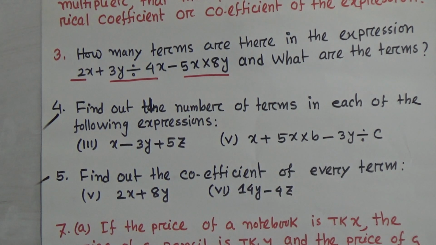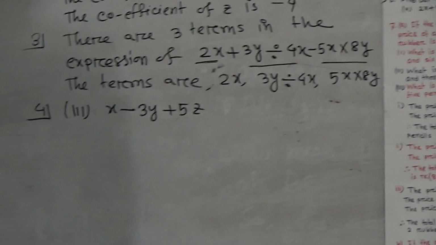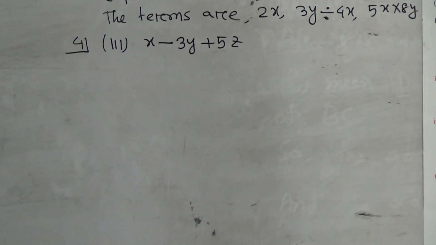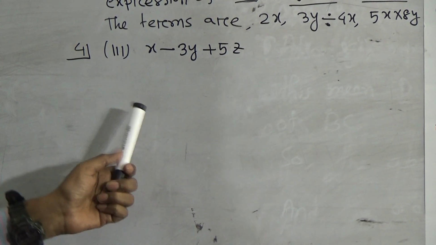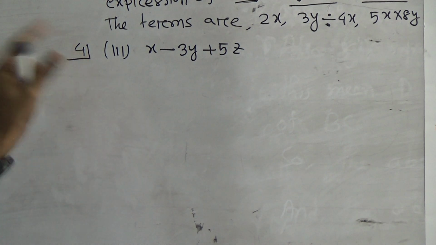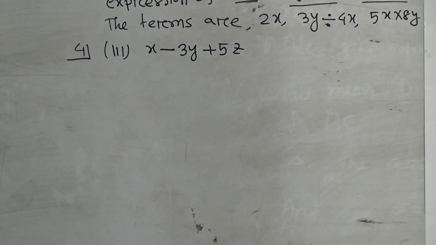Okay, so at first I will solve the first one. x minus 3y plus 5z. Our question is what? Find out the number of terms.